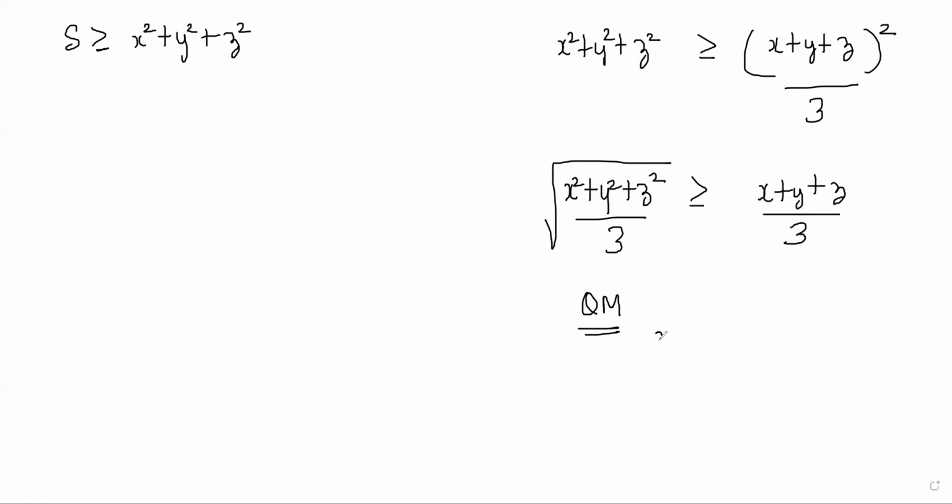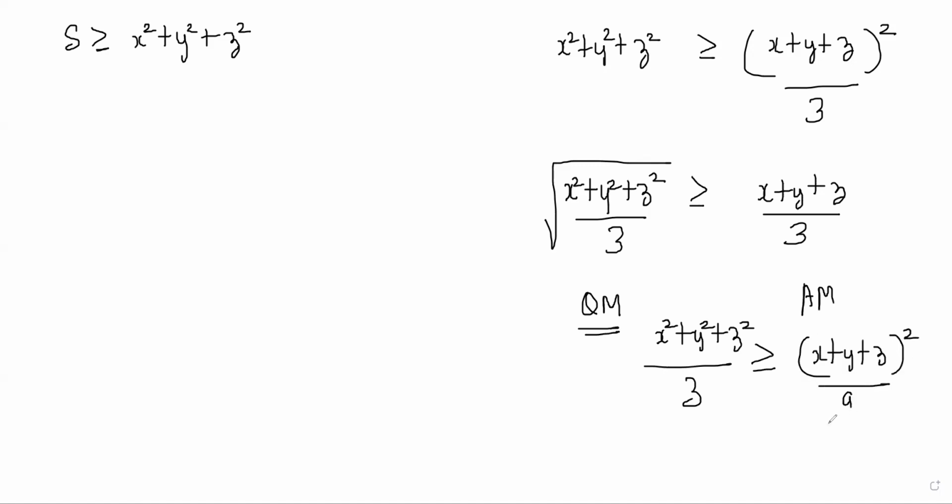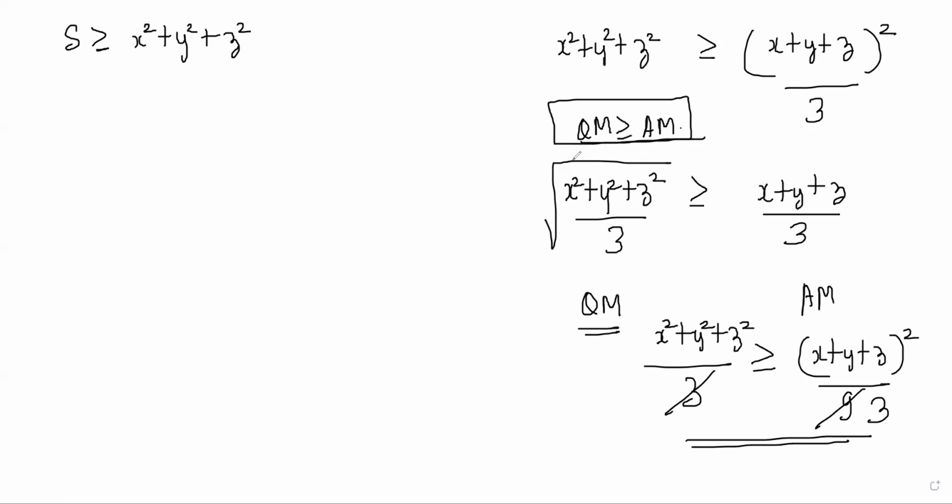So that implies that (x square plus y square plus z square) by 3 is greater than or equal to (x plus y plus z) whole square by 9. So 3 gets cancelled. So we are getting this, right? So this is a consequence of QM greater than or equal to AM. Square mean is greater than or equal to arithmetic mean.